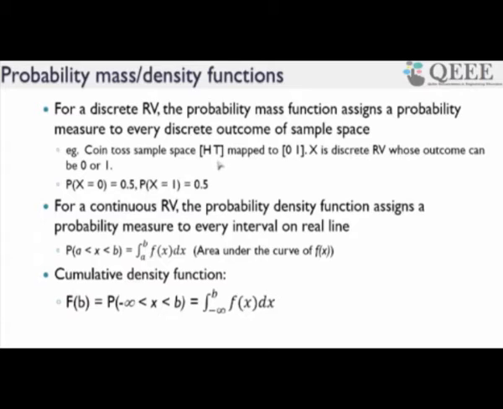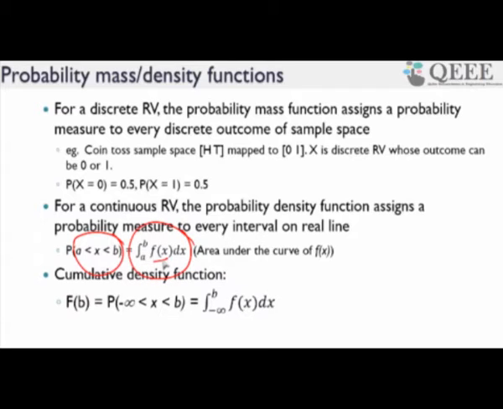For continuous random variables, however, the probability that a continuous random variable will take any particular value is really 0, because if we say a continuous variable can take any particular value, then it becomes actually predictable. So for continuous random variables, we find the probability that the random variable will take a value in a range between a and b, which is given by this integral from a to b of f of x.